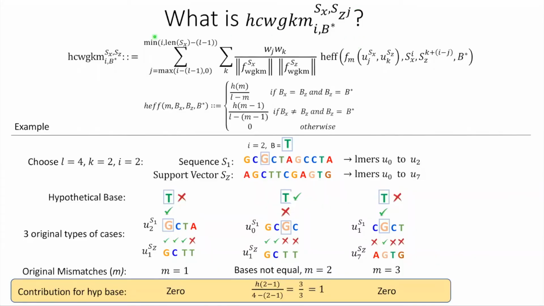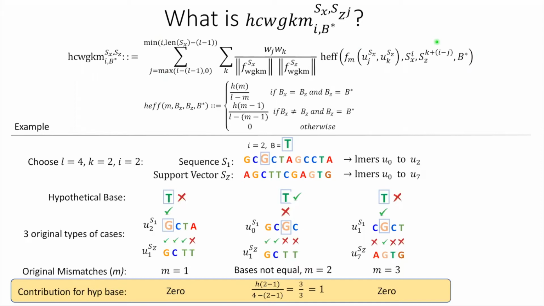The computation shown here for HCW GKM is very similar to the computation of CW GKM, which was the contribution to the decision function from the actual base occurring at position I. This was covered in detail in the video on decision function attribution, and it might help to review that first if you have not already seen it.